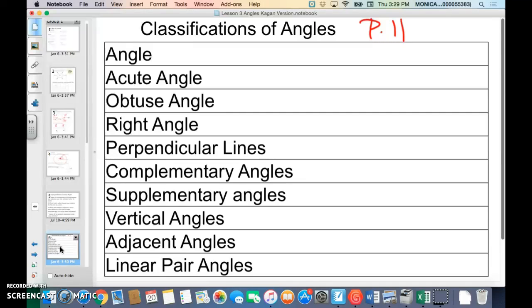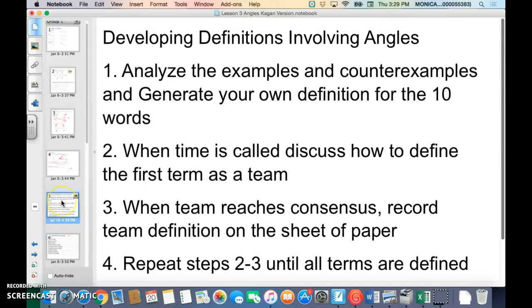You're going to see these throughout the unit, and you're going to come up with definitions for these. Now, how are you going to do that? Well, you're going to look at pages 12 and 13, and you're going to analyze the examples and the non-examples to generate your own definitions.